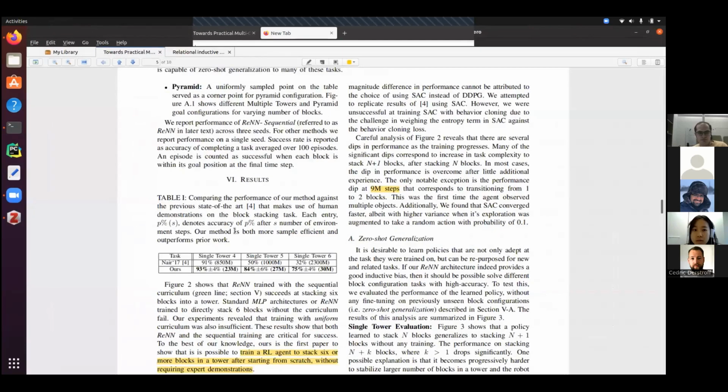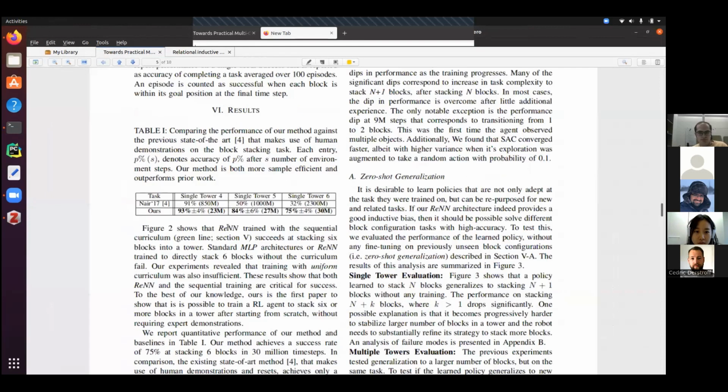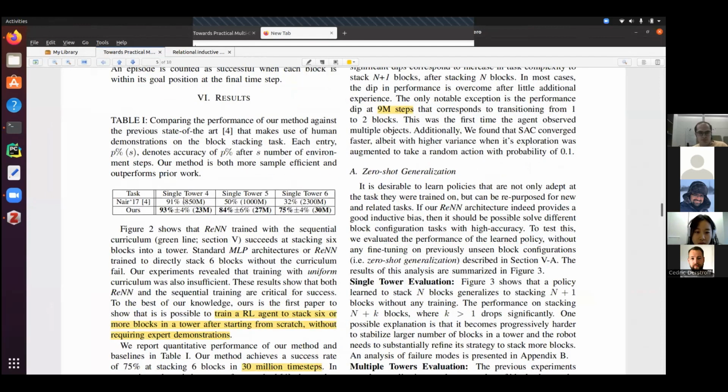Can you see this paper? Yeah, actually I think the memory requirement and also the time requirement come from the sparse reward, because you only give the reward after they complete some important step, right?